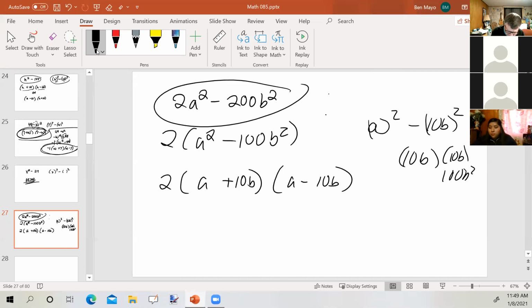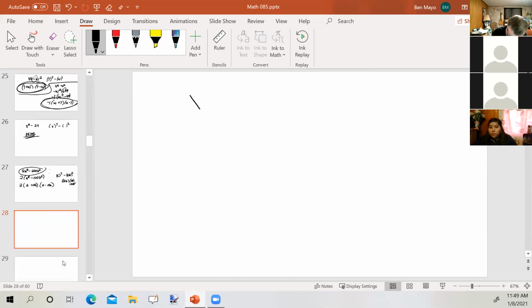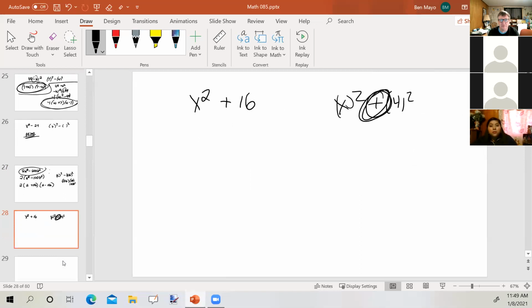All right. What about x squared plus 16? Well, that's a binomial. X squared is a square. It's x squared. And 16 is a square, 4 squared. So I could write it like that, but that's not a difference.